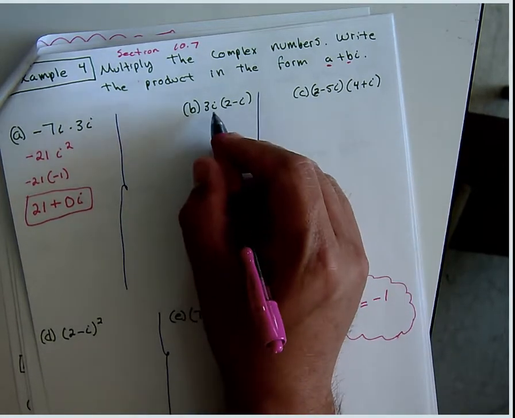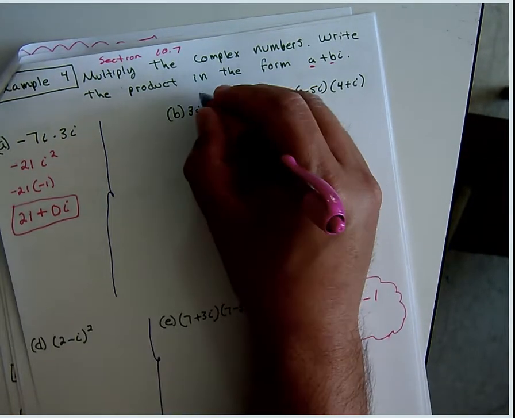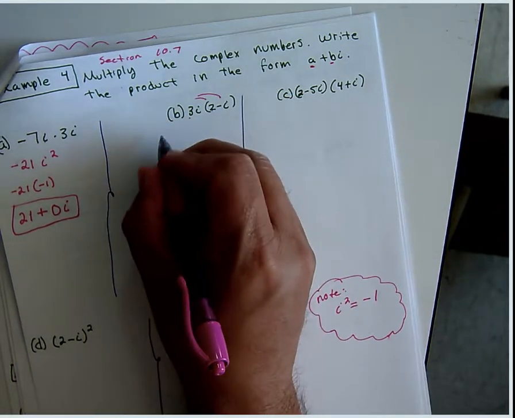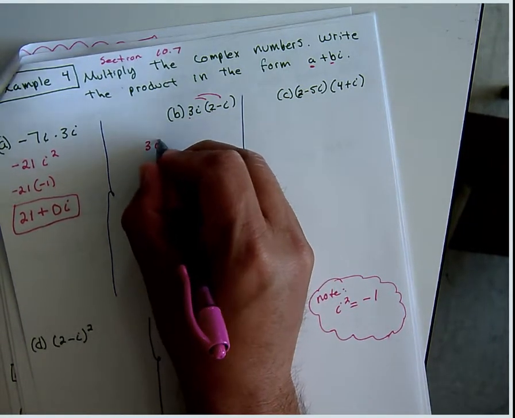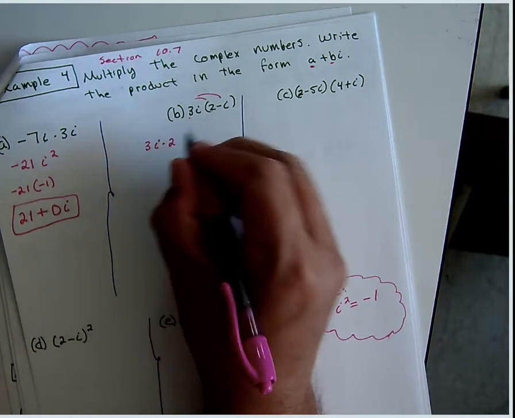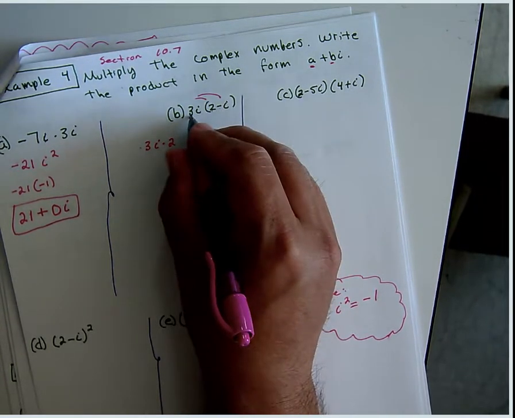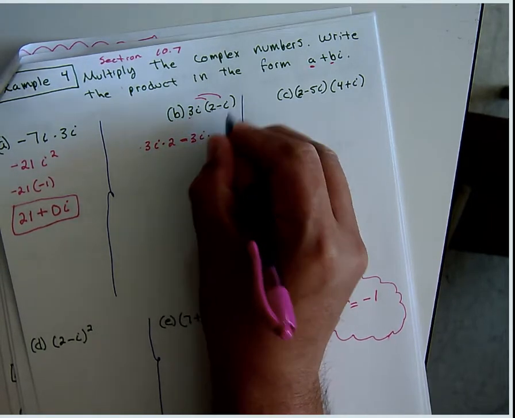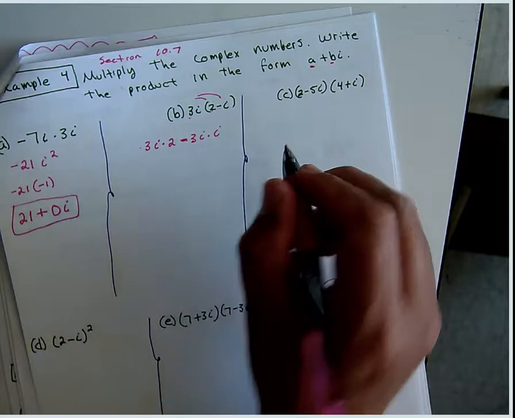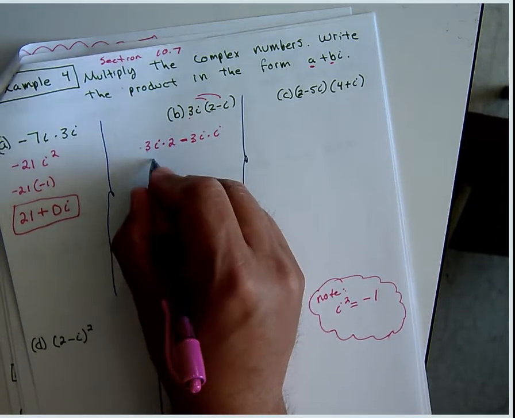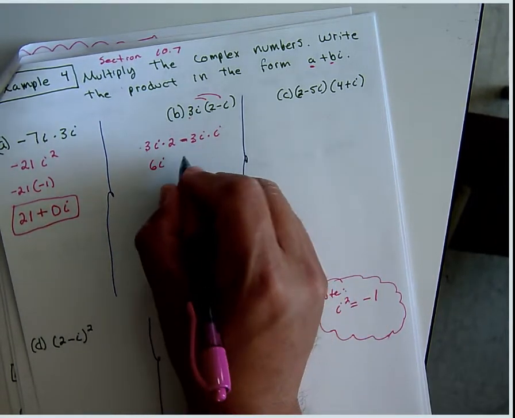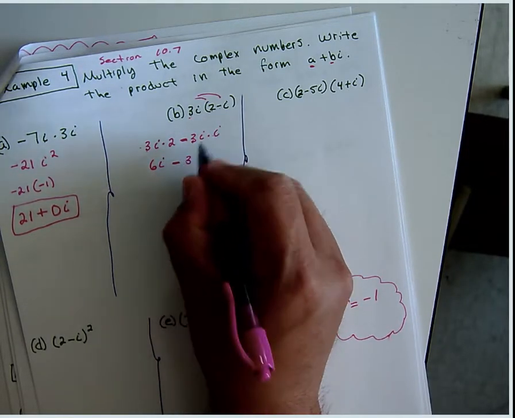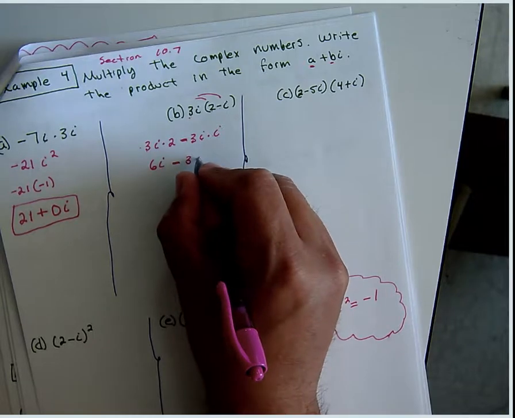Okay. For this one we're gonna distribute. I'm gonna do it the long way. 3i times 2 positive, so positive, and positive, minus, so minus 3i times i. So 3 times 2 would be 6i, minus 3 times 1 is just 3, i times i is i squared.